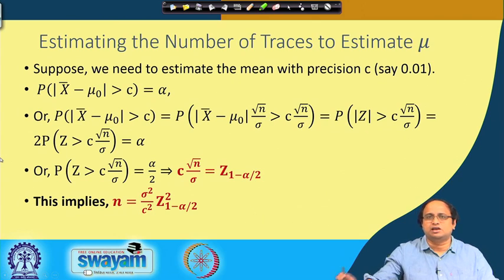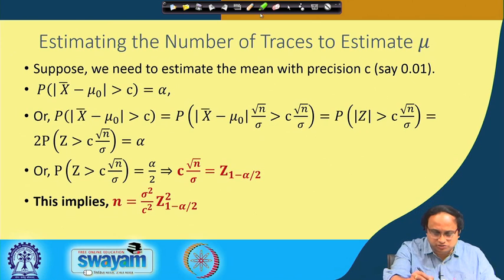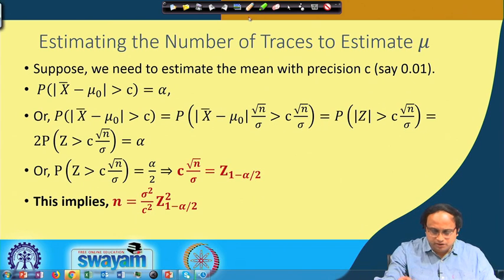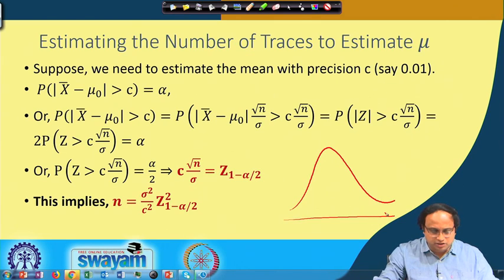I hope that it is clear. So, let me try here to explain this point. This is your normal curve, and when you are saying that mod z is greater than this parameter, then you are bothered about the absolute value of z being greater than this.